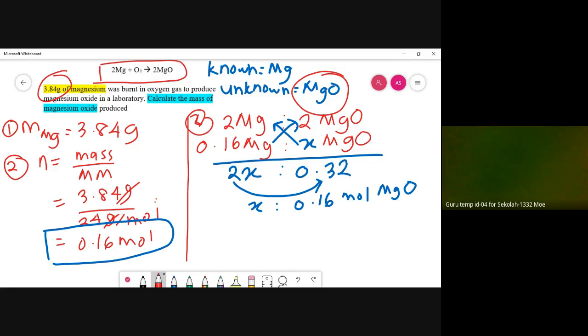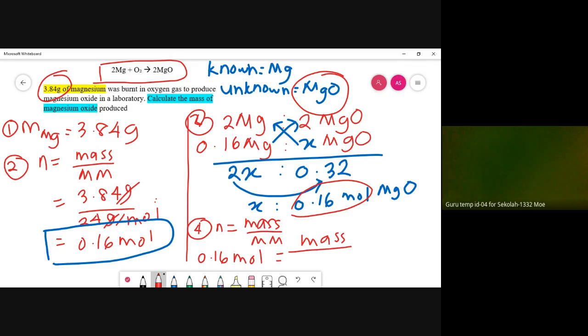The last step is we have to find the mass. So use the same formula again, n equals to mass over molar mass. n is 0.16 mole equals to mass, because we want to find the mass.